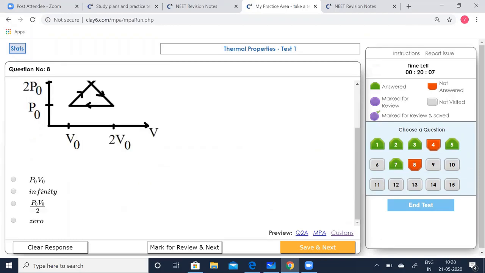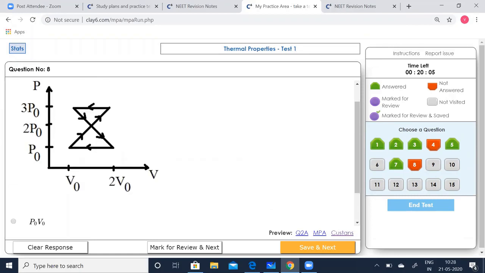Let us take this as the center point. Now let us take the upper triangle as ABOA. Let me draw the graph so that you can understand.